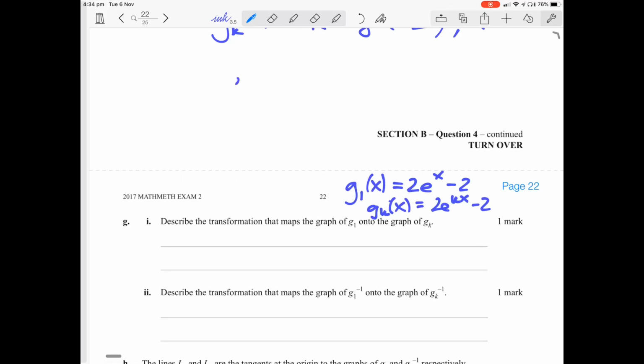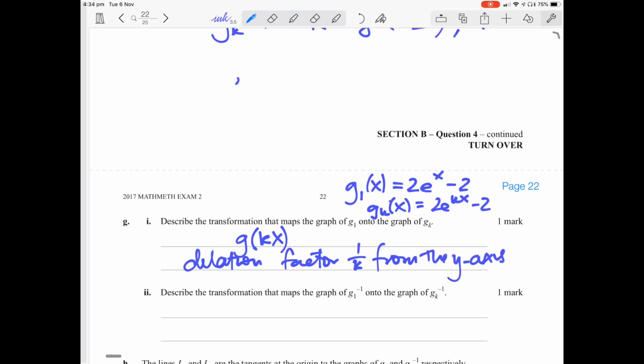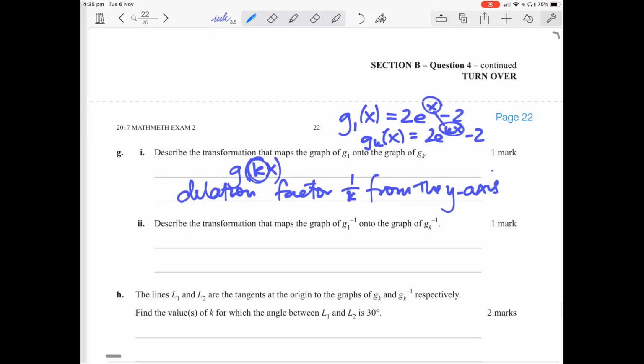So we've said g of kx is a dilation by factor 1 on k, because it's the reciprocal, from the y-axis. That's when it's inside the bracket, like when you're replacing x with kx. So the dilation factor is from the y-axis and it's the reciprocal.